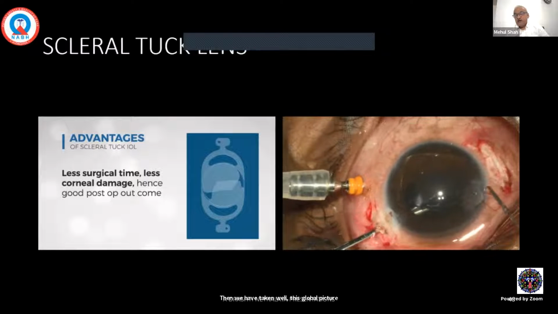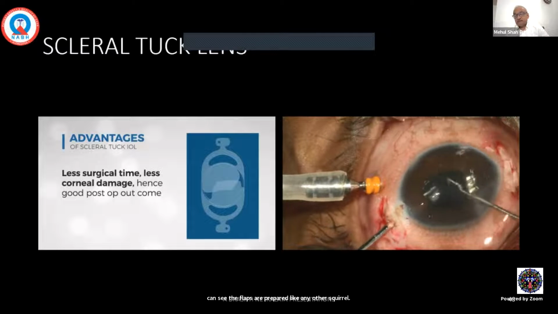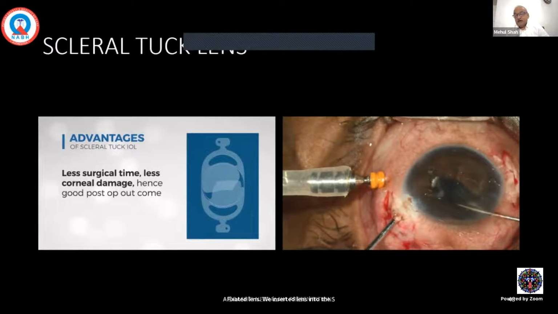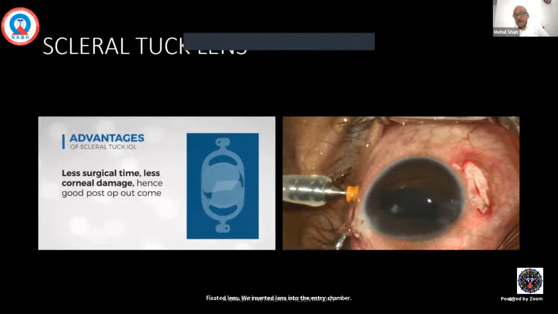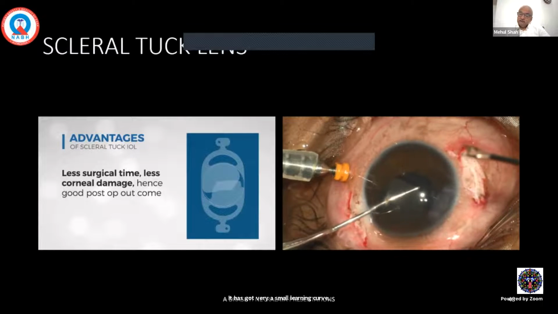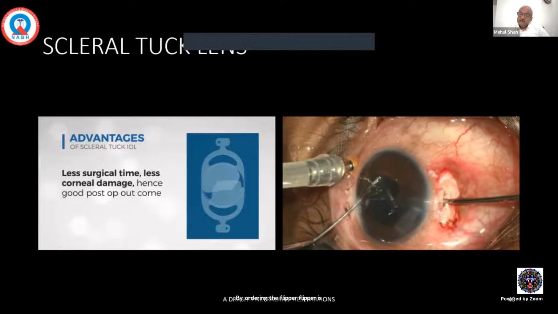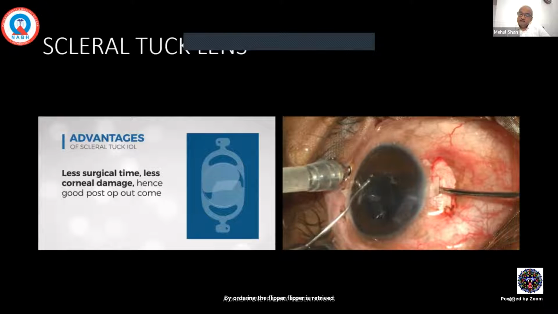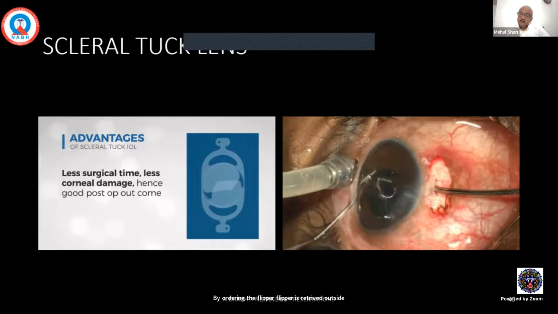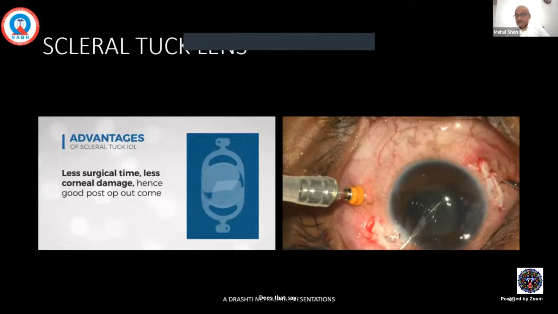It is a 23 gauge opening. By holding, the flipper is retrieved outside. The other side. And it's done.